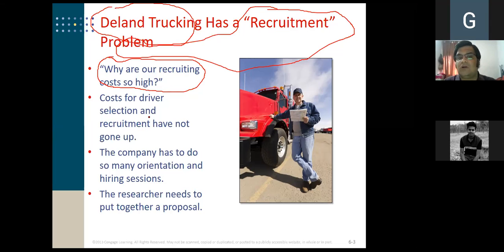The recruiting costs are high in some year, in the current year, whereas previously it was not happening. This is the symptom the manager understood, and he wants to find out what the actual research problem is.